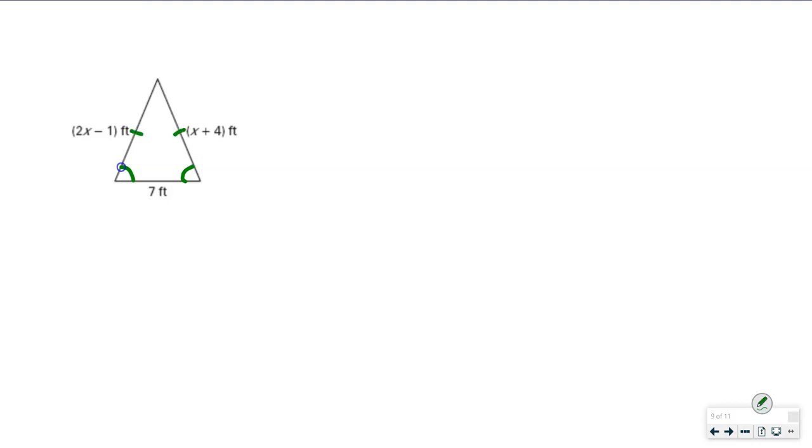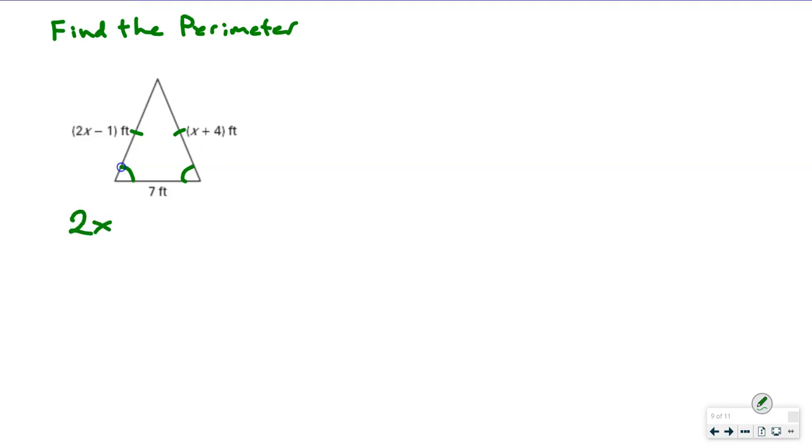So it has to be the other two. So 2x minus 1 equals x plus 4. And specifically for this one, we want to find the perimeter. So not just solve for x, but find the perimeter on this one also.